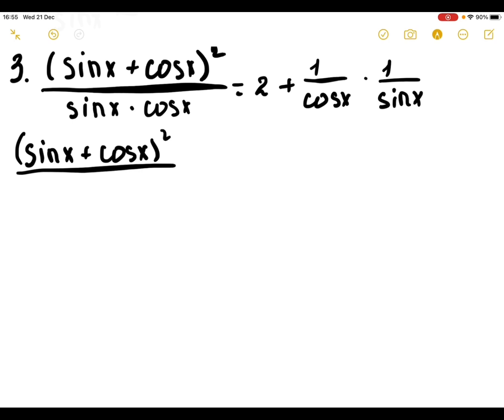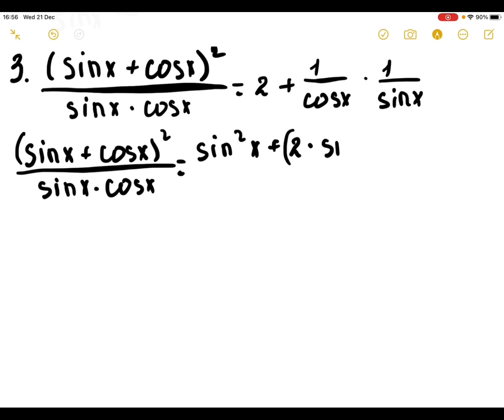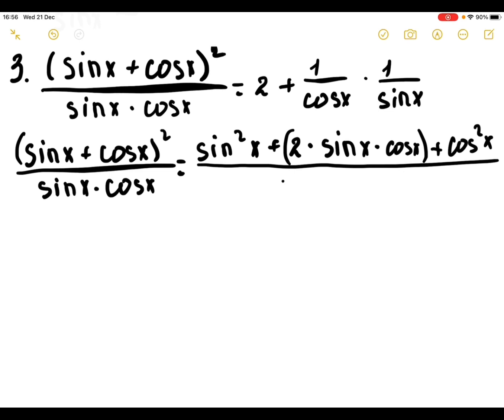Sine x plus cosine x squared, here we use short multiplication formulas. So equal to sine squared x plus 2 multiplied by sine x multiplied by cosine x plus cosine squared x, divided by sine x multiplied by cosine x.